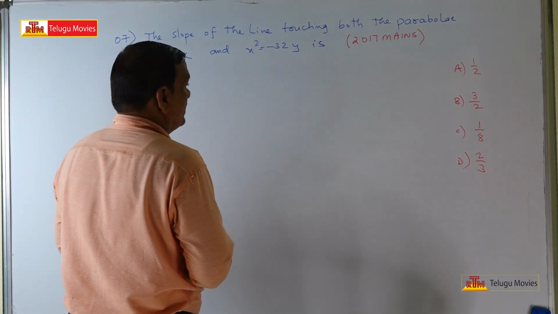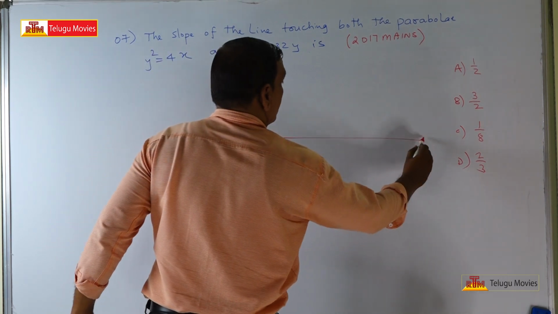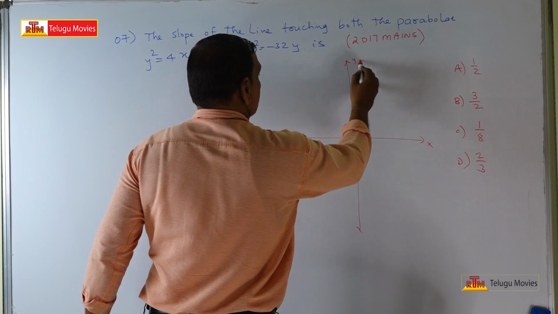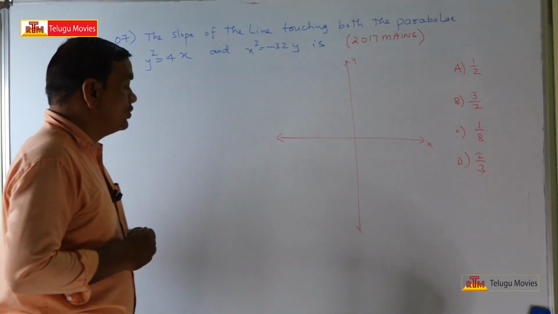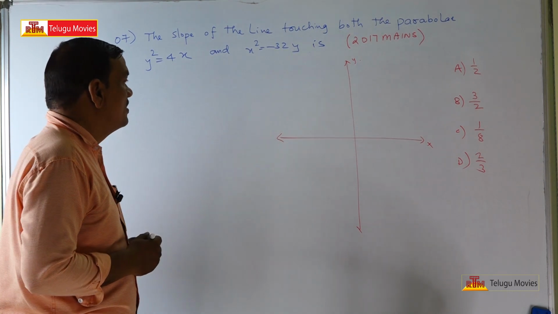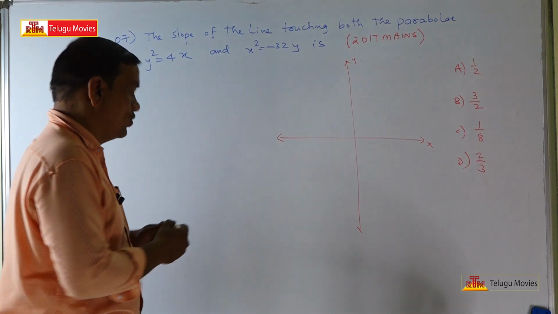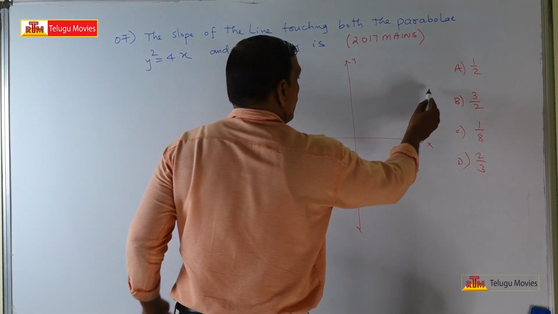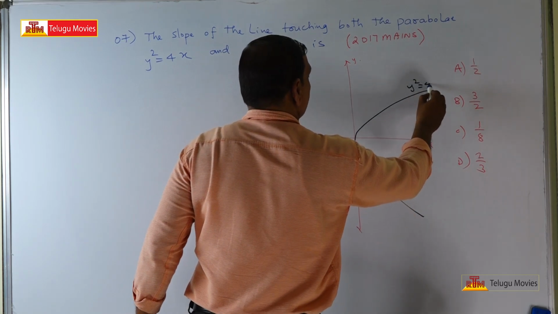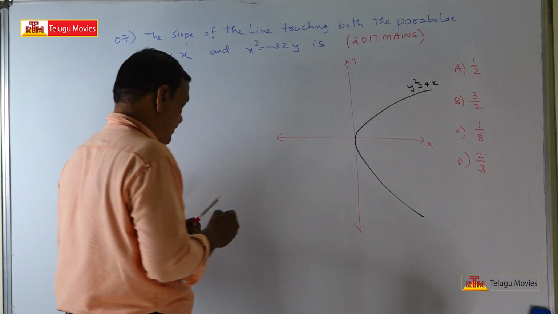Here, this is the x-axis and this is the y-axis. If you observe, y² = 4x is a parabola that passes through the origin and lies in the first and fourth quadrants. So this is the y² = 4x parabola.